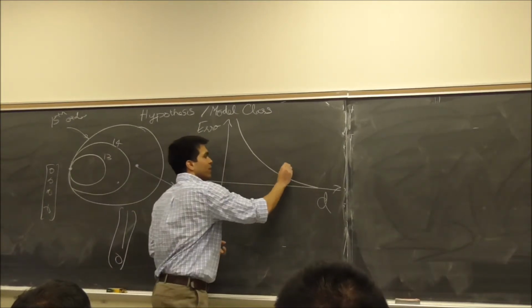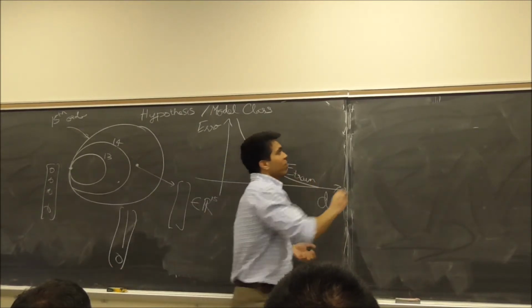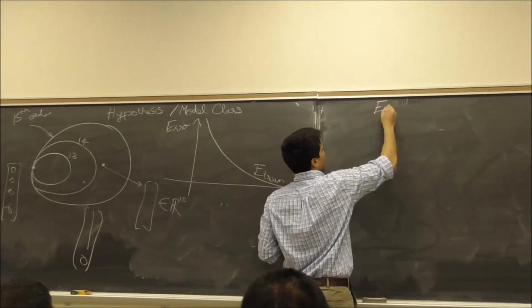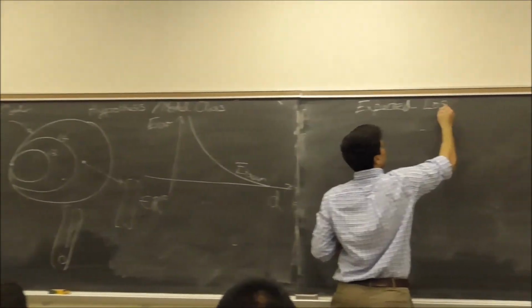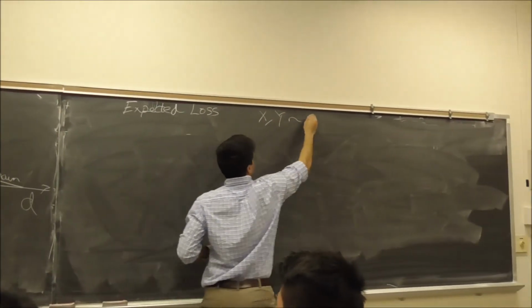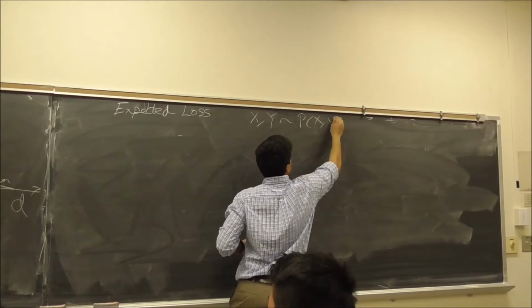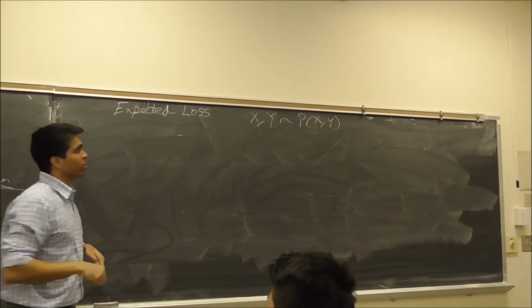Training error is not actually what you care about. What you care about is something called expected loss. We said that X and Y, your data, are samples coming from some distribution. We don't know what that distribution is, but we can get the samples.